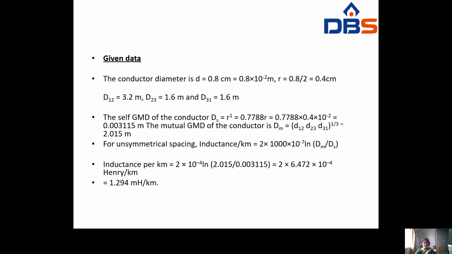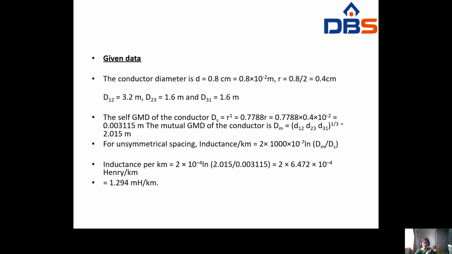To convert 0.8 centimeters into meters, you have to divide by 100, so you write 0.8 into 10 to the power of minus 2 meters.